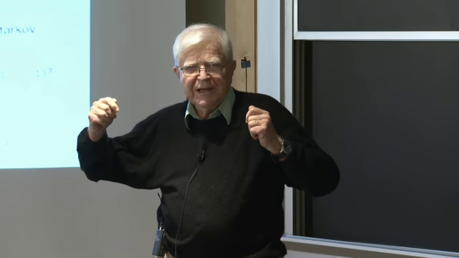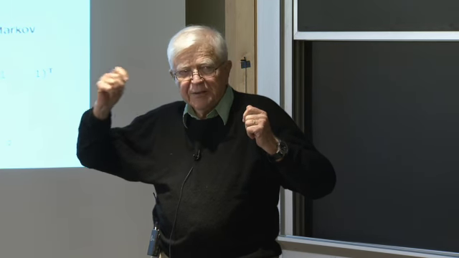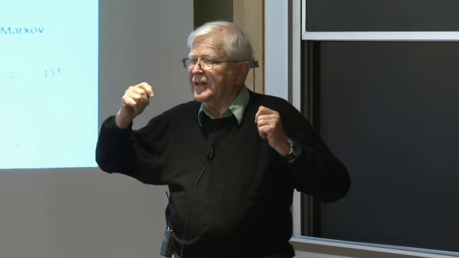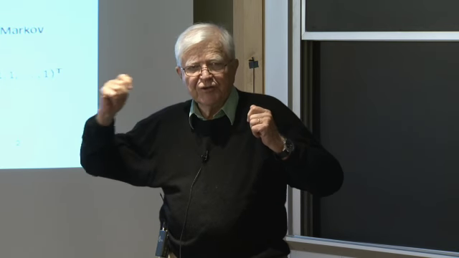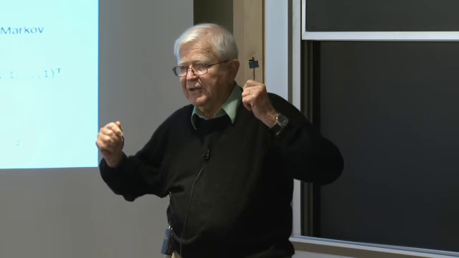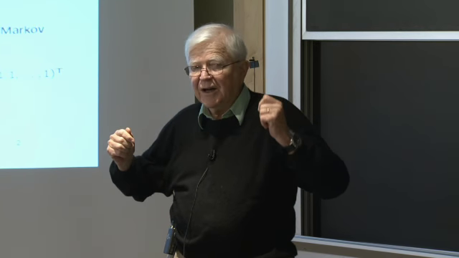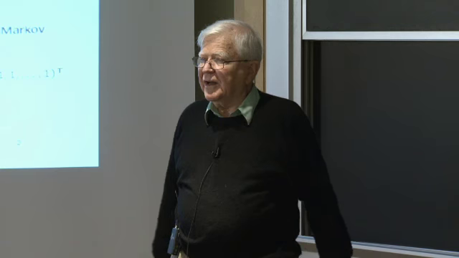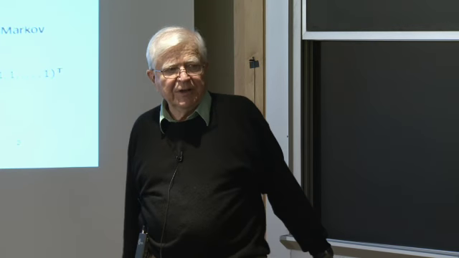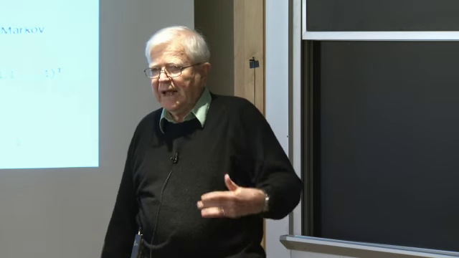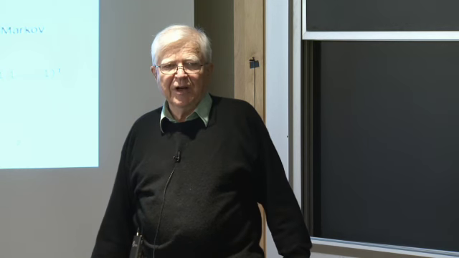P sub ij to the nth power is the probability that you're in state j at time n, given that you're in state i at time 0. So this has all the information that you want about what happens to the Markov chain as time gets large.